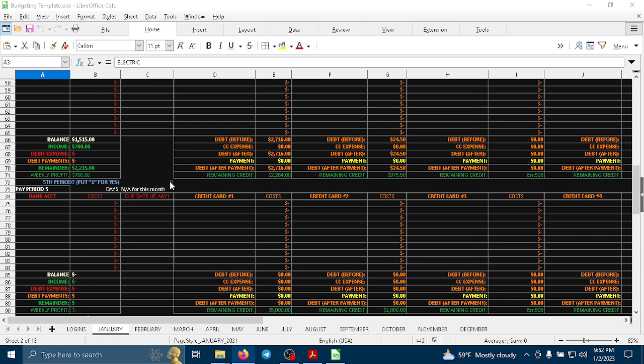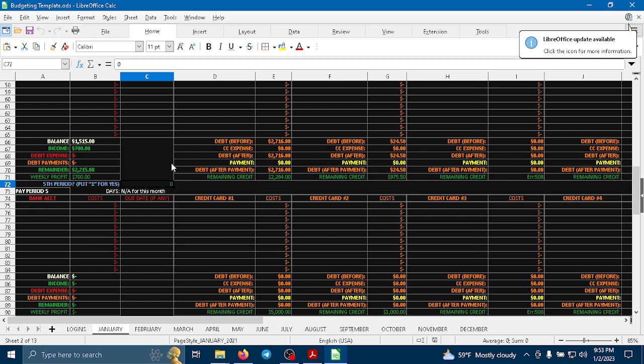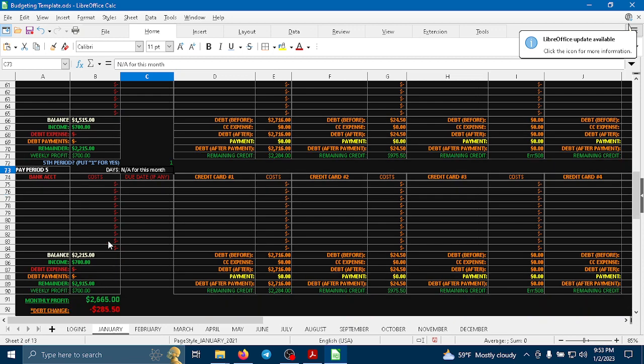That means that if you put a 1 here, it will include a fifth pay period. Well, bam, it'll auto-populate. If you put a 0, it will just make everything 0. It won't even be included in the whole budget if you put a 0 here.